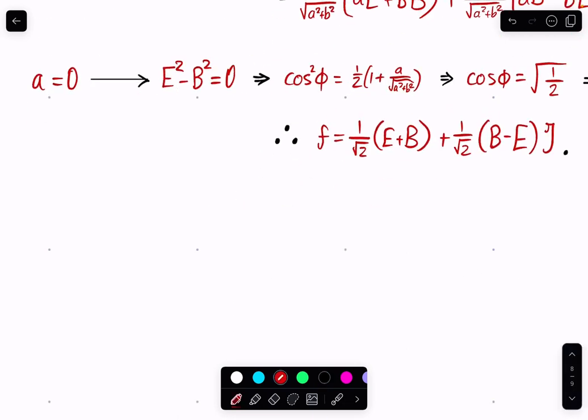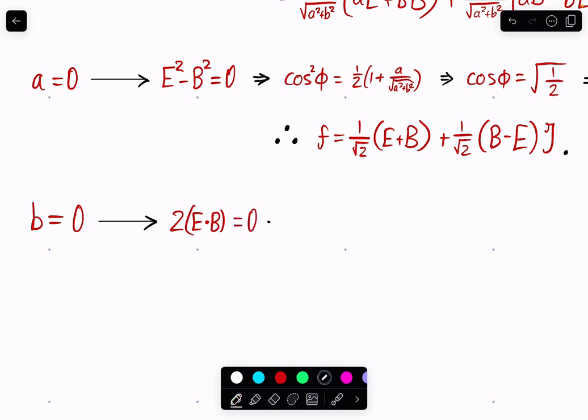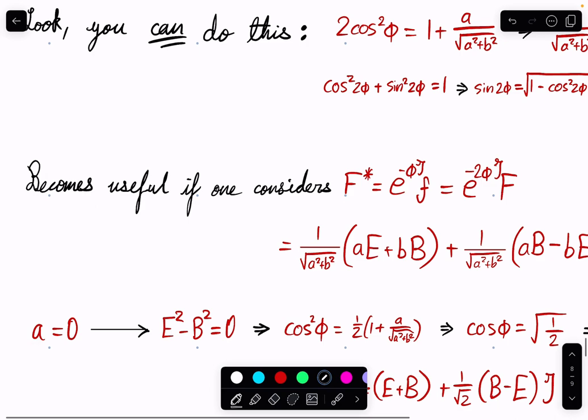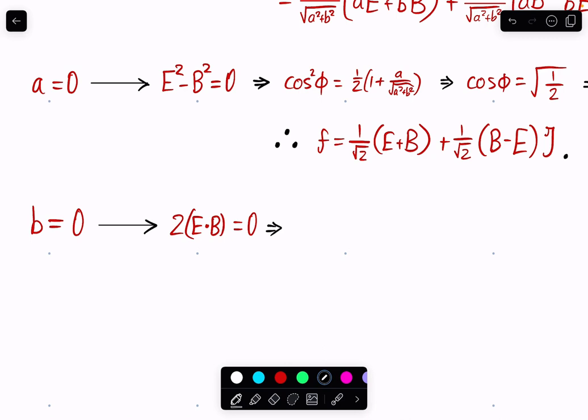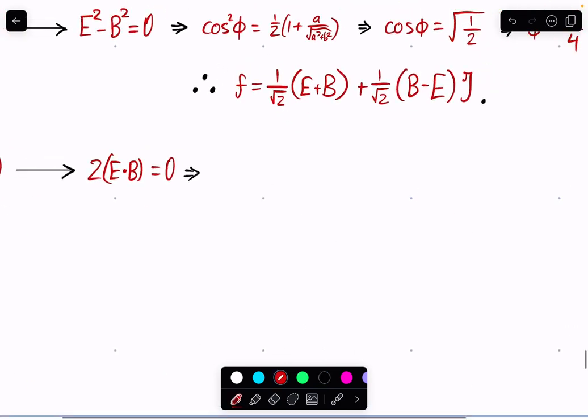Now, if b is equal to 0, then that implies that the dot product is equal to 0, which means that the axion contribution goes to 0. And that makes sense in electromagnetism, because you don't have axions. And so this implies that sine of phi is equal to 0.